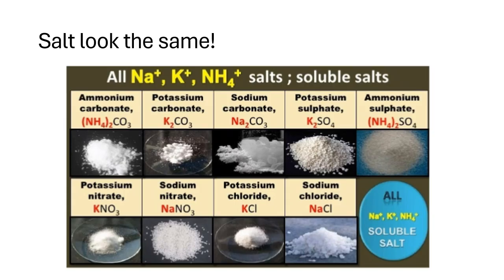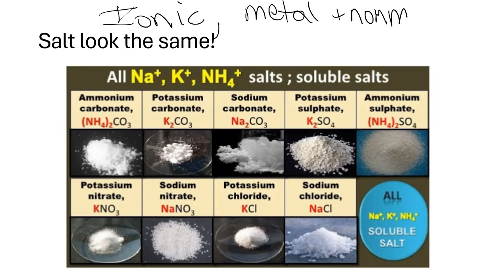So now we're going to look at solubility rules. Solubility rules you will be given, but they all are related to salts. A salt is an ionic bond. An ionic bond is a metal and a non-metal. So NaCl.